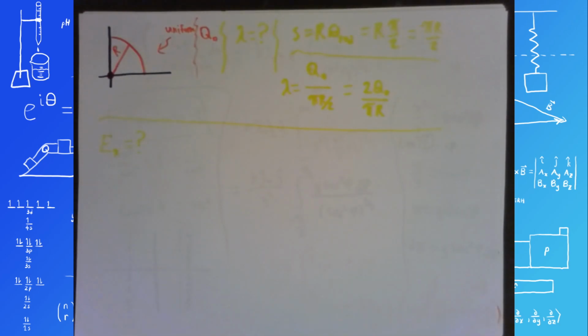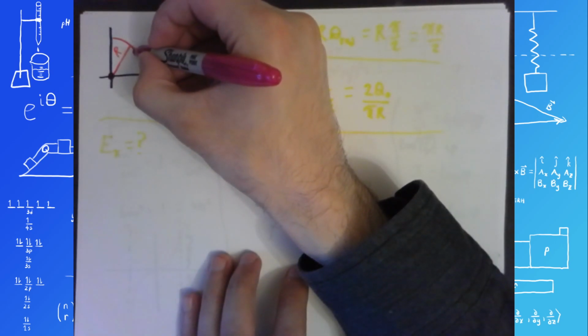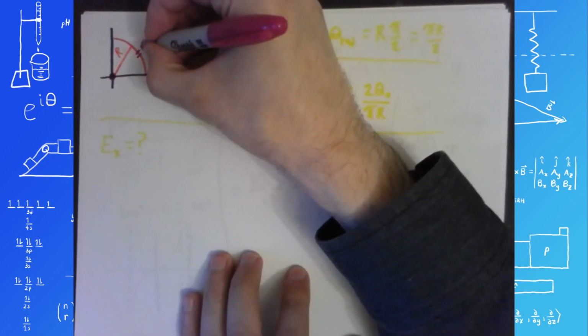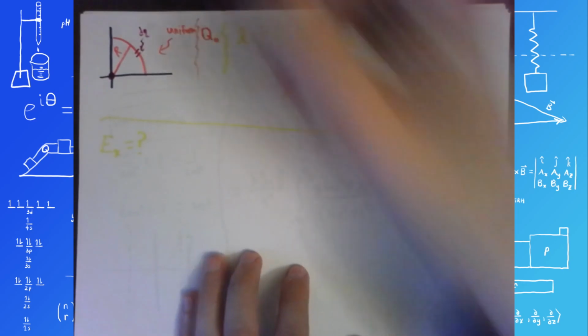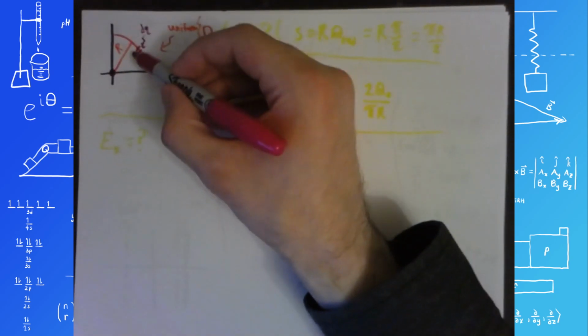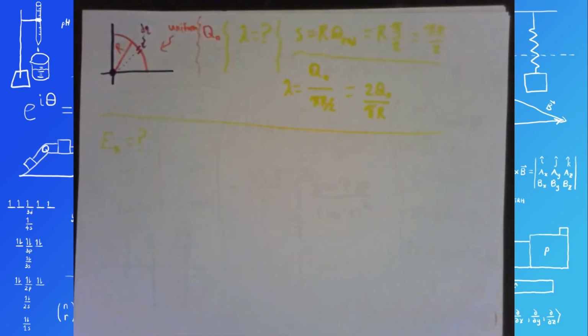Okay, I think I want to actually just pick a random section of this arc, let's say here. It's going to contain a charge of dq, which will act as a point charge, and it will produce an electric field that points in that direction. Let me switch colors here.